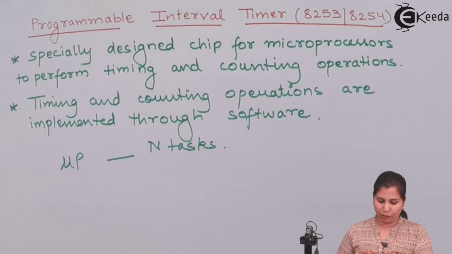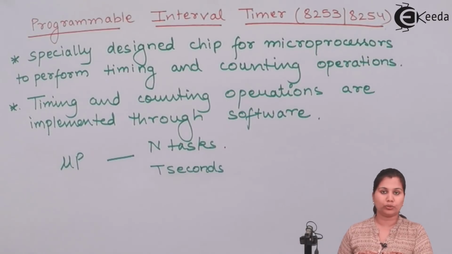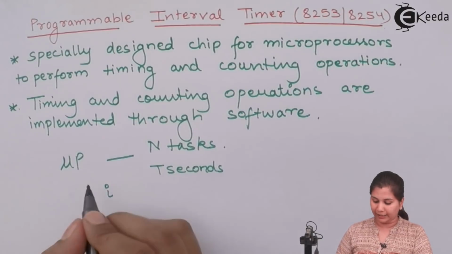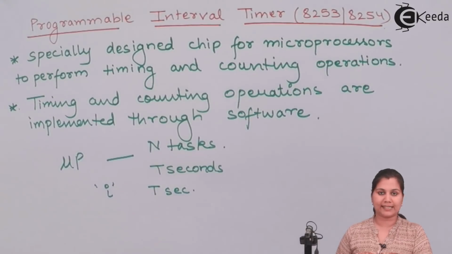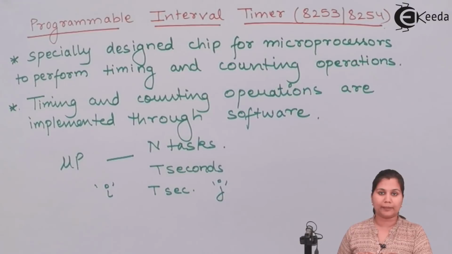Suppose for t seconds, it wants a time delay between two tasks. So if the first task is i, then the microprocessor is going to take a time delay of t seconds, and then it will perform the second task, suppose j.